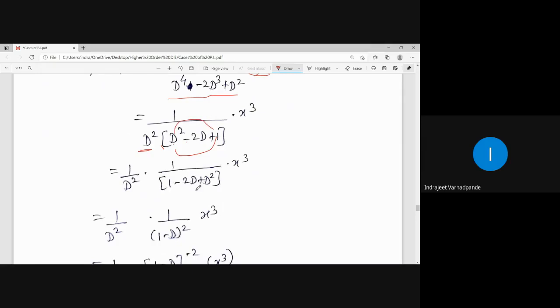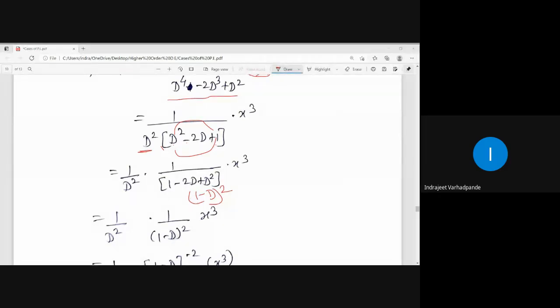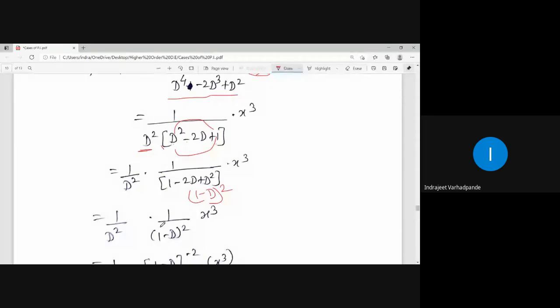What is this giving us? (1 - D) whole square. It is nothing but the expansion for (1 - D) whole square, a^2 - 2ab + b^2. If you check the values, a is 1 and D is your b. So I can directly write this as (1 - D)^2. And when it is shifted to the numerator, it becomes power minus 2.